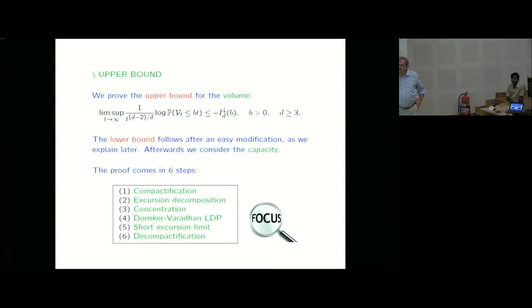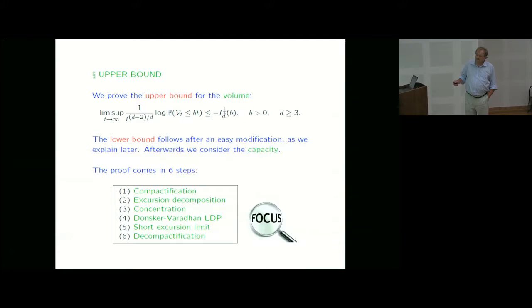I'm going to first focus on the volume, and our large deviation result said that if I take the limit of the logarithm of the probability, divided by this fractal exponent of t, of the probability that the volume is below a certain number bt, and b should be any positive number, but it becomes really interesting when b is below the capacity of the unit ball, that limit will be equal to the rate function, and the rate function is the one for which I wrote down a variational formula.